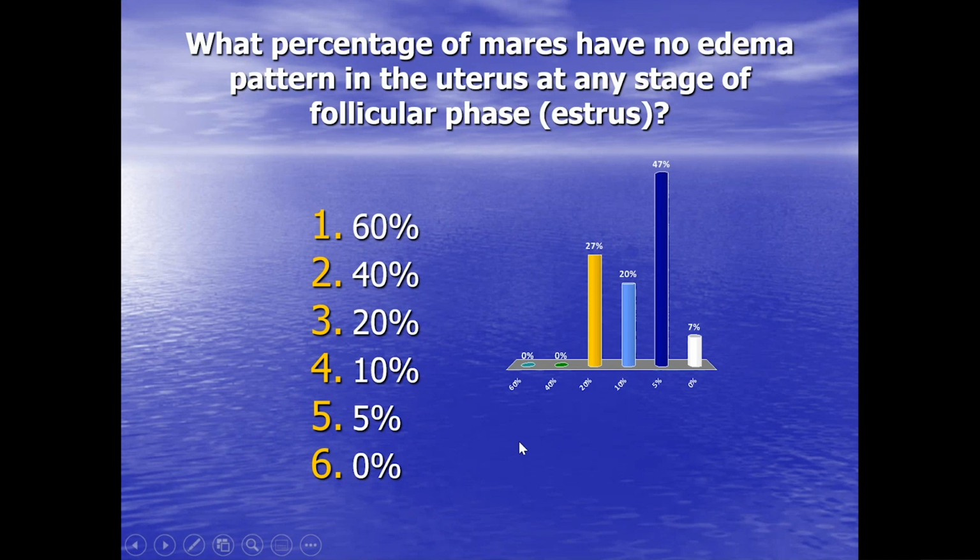What do I think when I see a mare with no edema in the follicular phase? What I wonder sometimes is if I've been entirely correct in assuming she is in the follicular stage. It's a concept a little bit hard to explain in a webinar when I can't actually be there or show you in a mare, but I think it's where the corpus luteum doesn't lyse completely, but it's very hard to see.